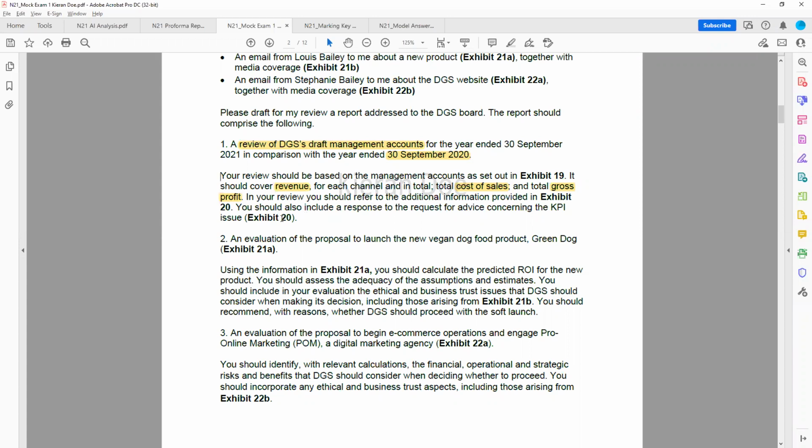Now, perhaps because requirement one is a little bit predictable, because it's looking at current year management accounts compared to the previous year, and you've done this type of requirement before, and of course, it's fairly predictable from the AI and past exams, then there's always an additional bit in requirement one.